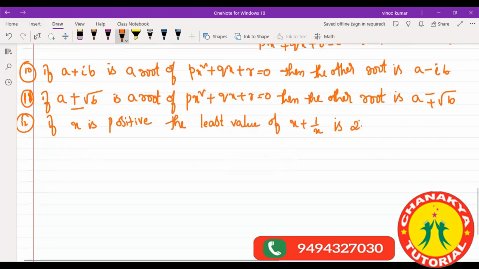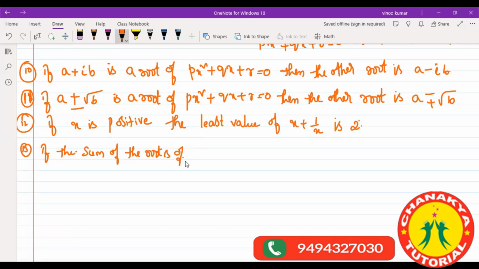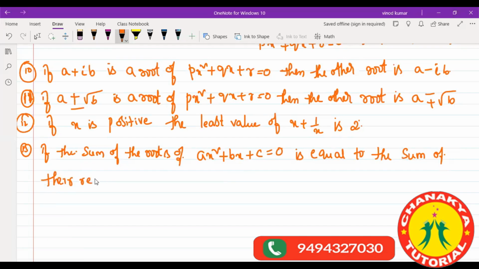And if the sum of the roots of ax square plus bx plus c equal to 0 is equal to the sum of their reciprocals, then we got two conditions.